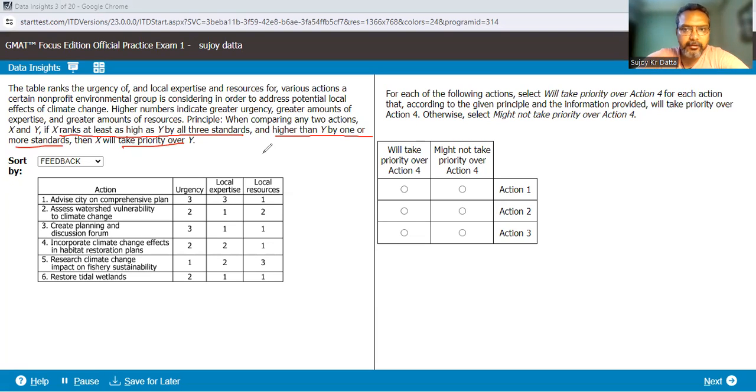So each of the following actions will take priority over action 4, or might not take. Will action 1 take priority over action 4? Or action 2 or action 3?